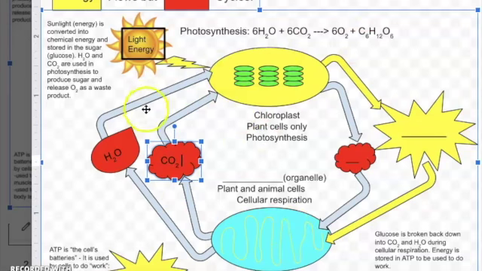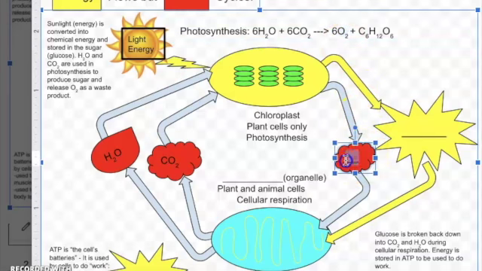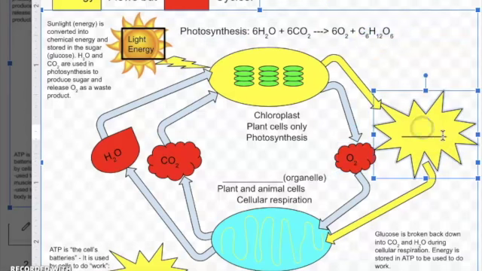Okay. So we have water, carbon dioxide, and then in the presence of light energy, they are converted into 6 oxygen molecules and 1 glucose molecule.